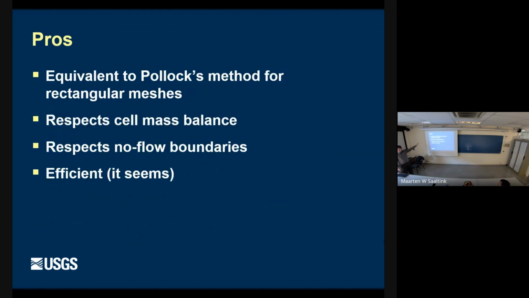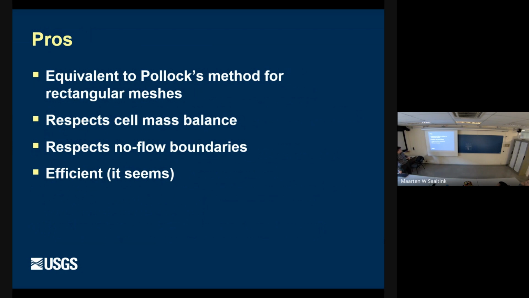So the pros of this method is that it is equivalent, from our point of view, to Pollock's method for rectangular meshes. So we thought it would be good if users ran the new method on one of their old models that has a rectangular mesh, and they've already done it with ModPath 7, that they would get the same answer, right? It doesn't have to work that way, but that's a desirable feature.